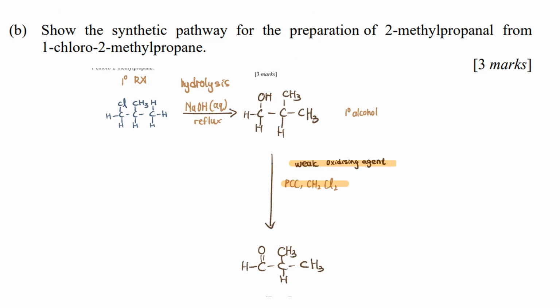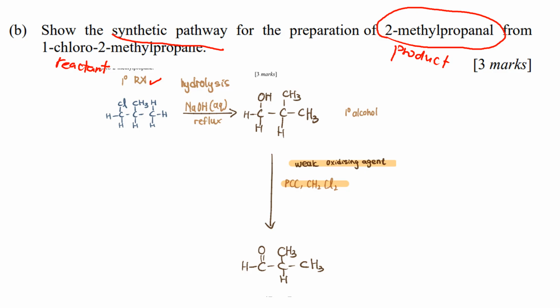Okay, let's continue with question number 8B. The question asks us to show the synthetic pathway for the preparation of 2-methylpropanal. Basically, this is the product, and it is prepared from 1-chloro-2-methylpropane, which is the reactant. So your friends already identified that the reactant is a primary haloalkane.